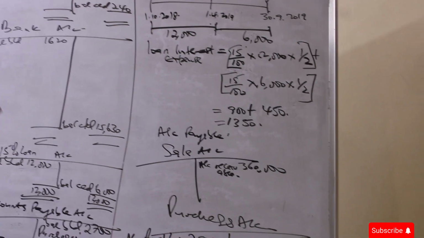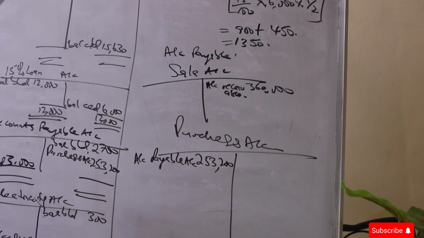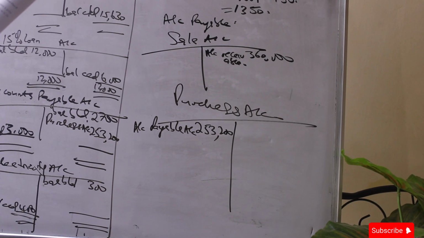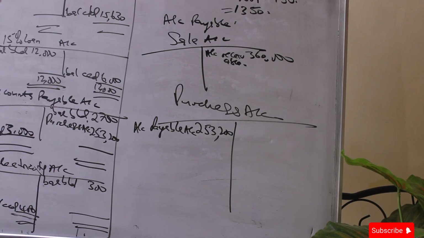Number 4, discounts for the year ended 30th of September 2019 were as follows. Discount allowed, we know, is an expense that reduces accounts receivables.